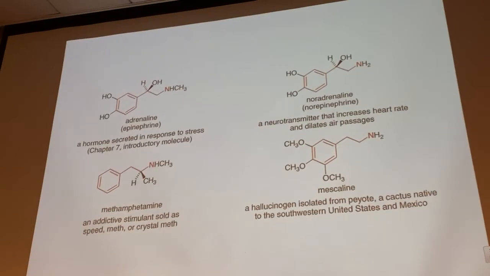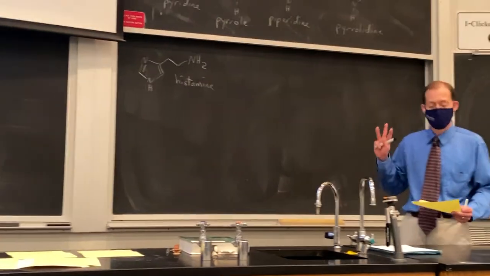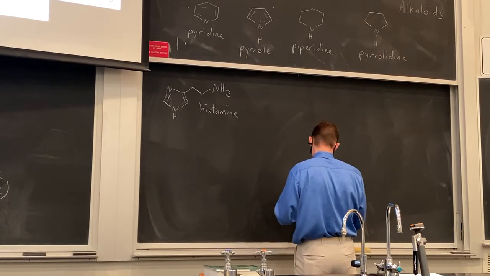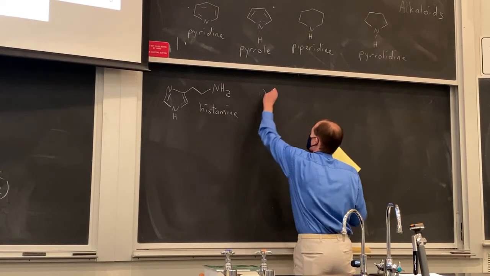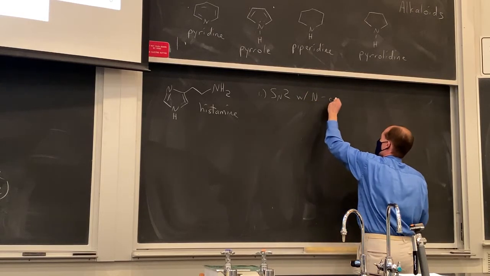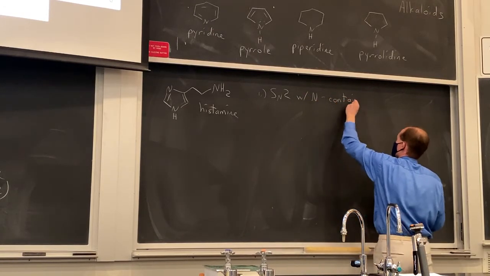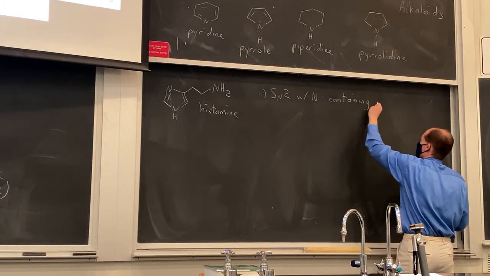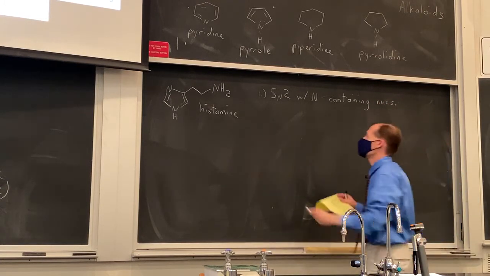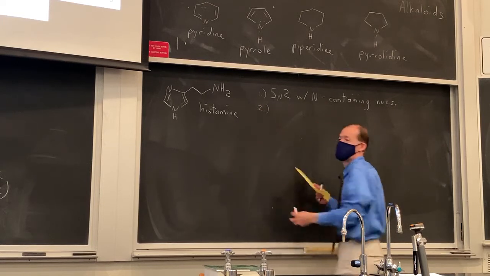Let's talk about how to make amines. So there are three general categories of ways to synthesize amines, okay? We can perform SN2 reactions with nitrogen-containing nucleophiles, okay? Sometimes those will give us amines directly.